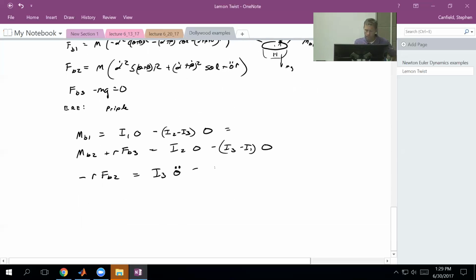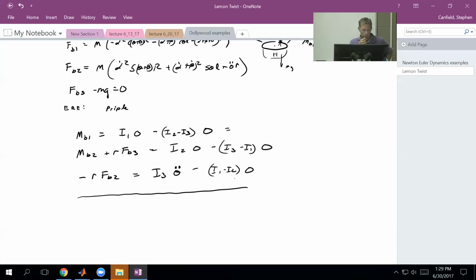Minus I1 minus I2, omega 1, omega 2, that's 0. So here are my 3 equations. Now I've got my 6 equations.